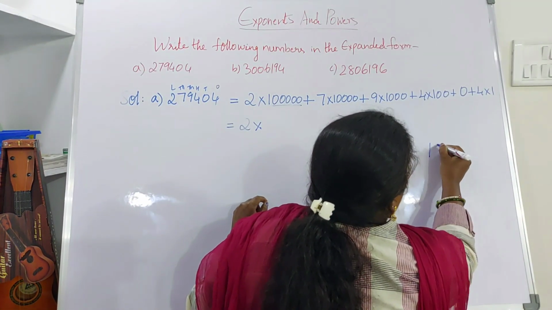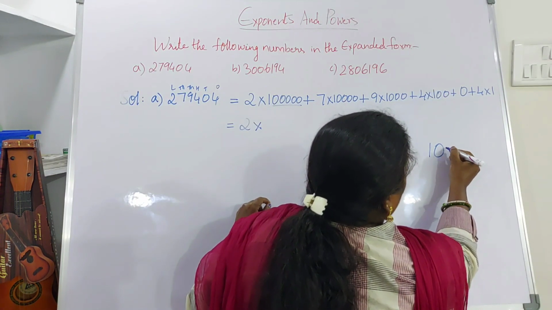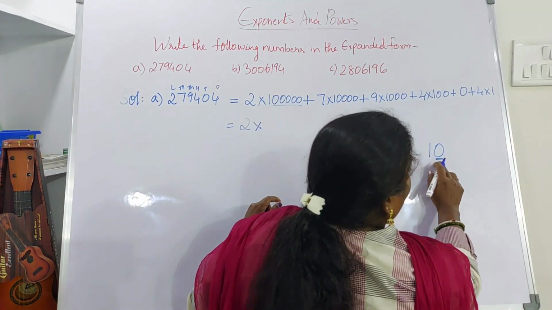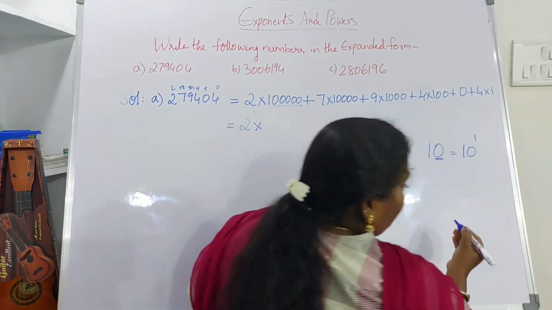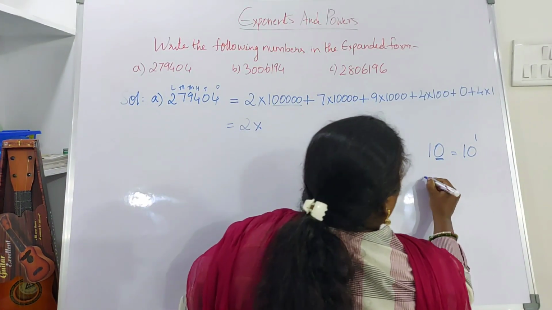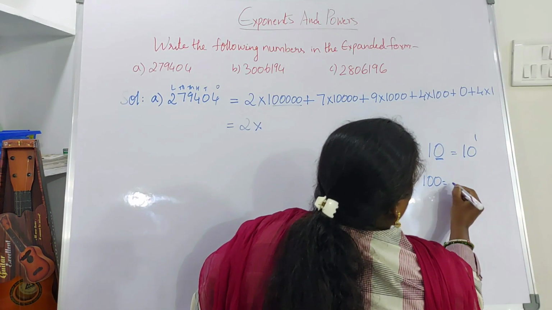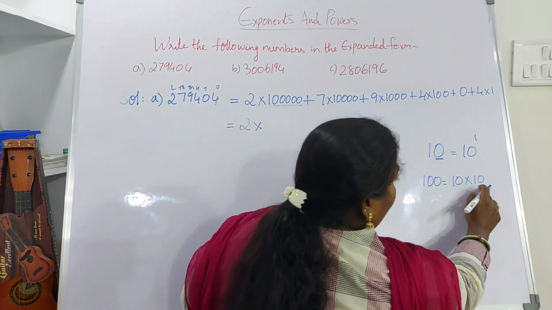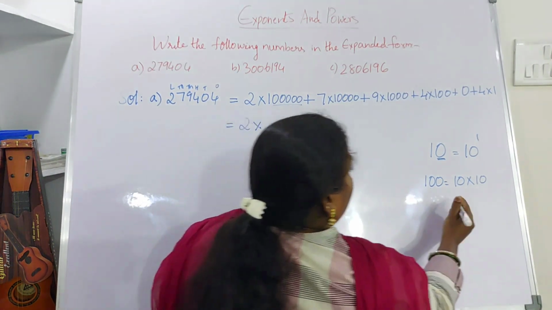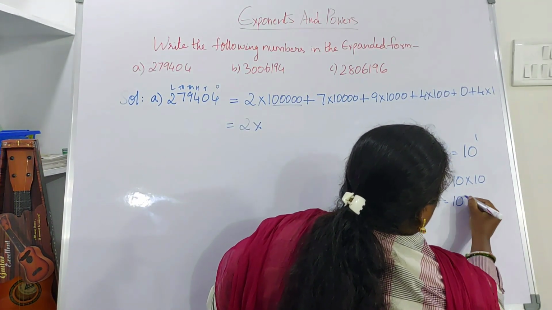Now 10 has only one 0, so this can be written as 10 to the power of 1. Now 100 can be written as 10 into 10. So you are multiplying 2 times and you got 100. So this can be written as 10 square.